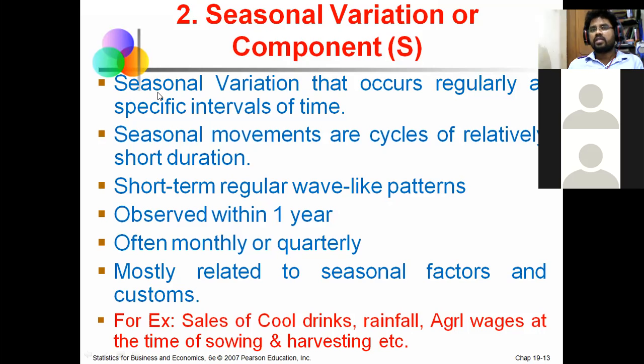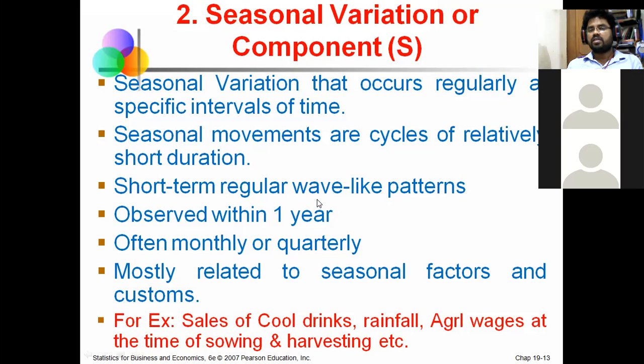For example, seasonal variation occurs regularly at specific intervals of time, so it occurs at a particular season only. Seasonal movements are cyclical of relatively short duration, short-term regular wave-like patterns.